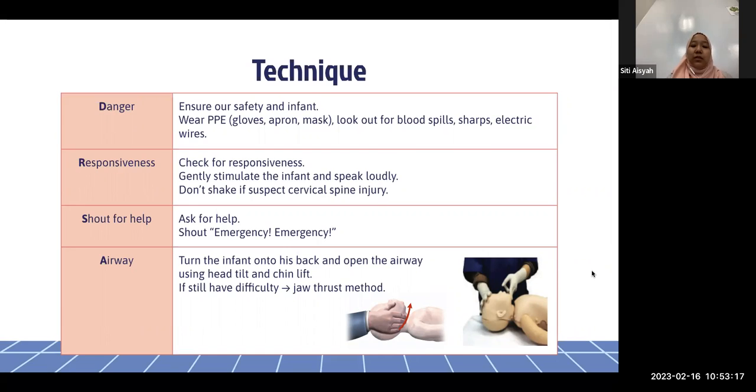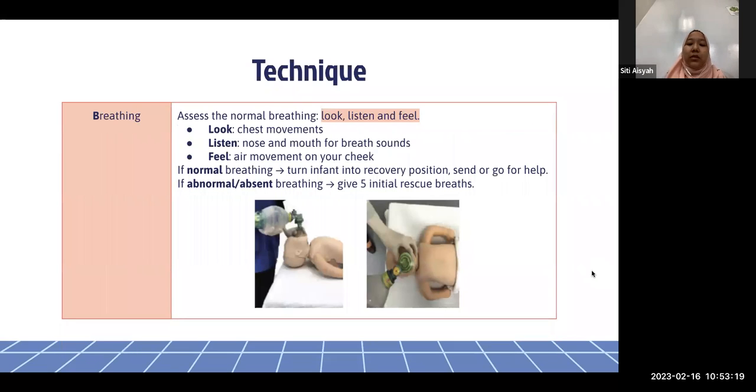Okay, next. And then we assess the breathing by putting our face close to the infant's face, and we do the look, listen, and feel. For the look, we look for chest movement, then listen at the nose and mouth for breath sounds, and then we feel for any air movement on our cheek.